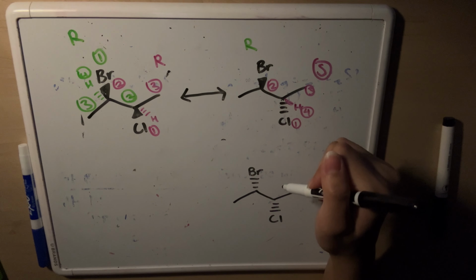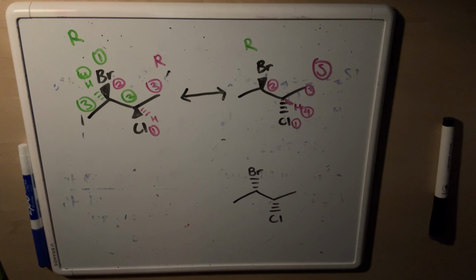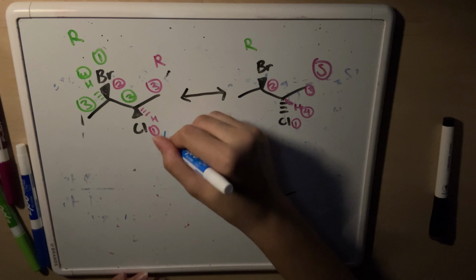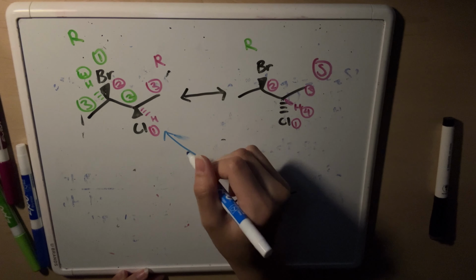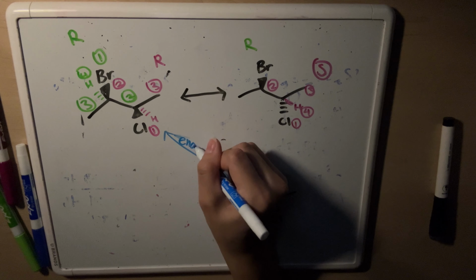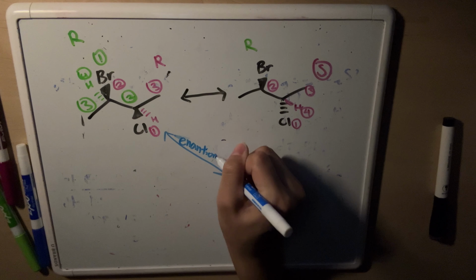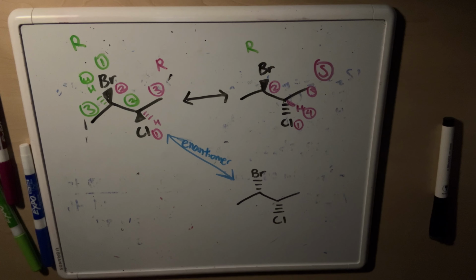This is called an enantiomer of this. And an enantiomer is when all chirality centers change.